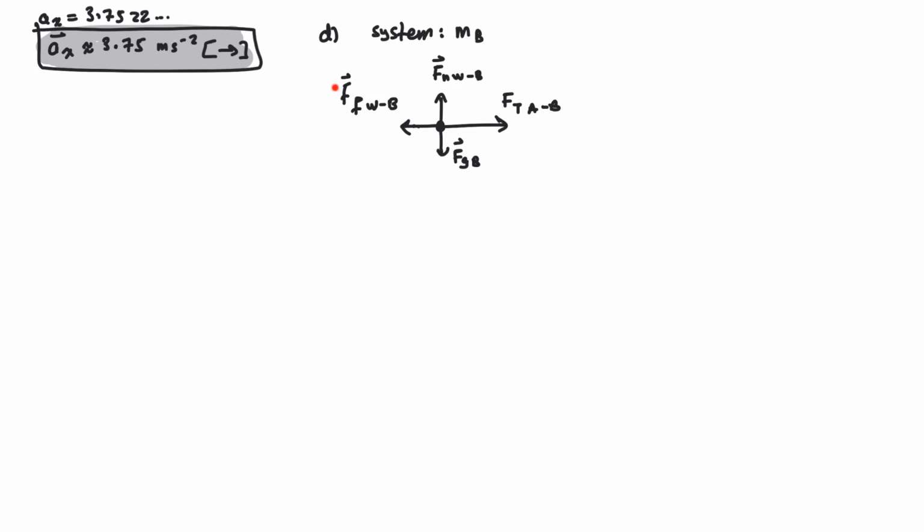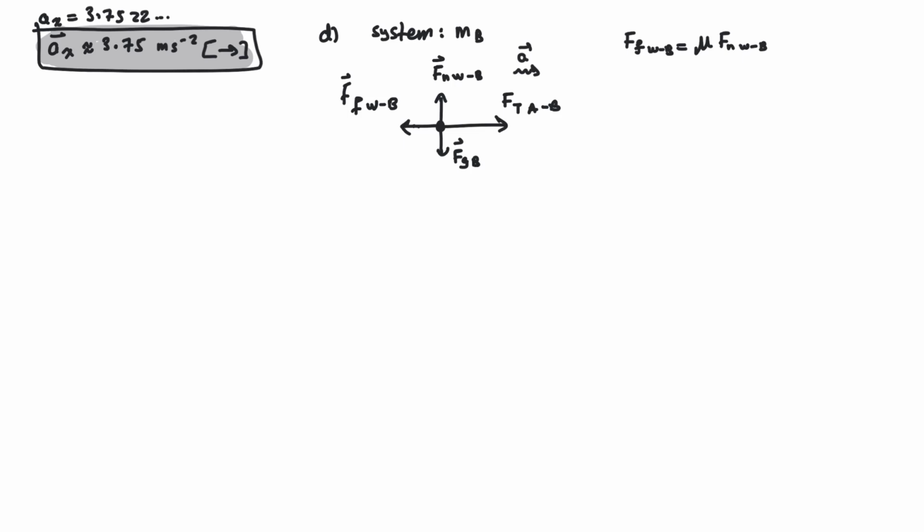Okay, first let's find the force of friction acting on my mushroom, and then I will use that to find everything else. So to find the force of friction, W to B, it is going to equal mu times the normal force.